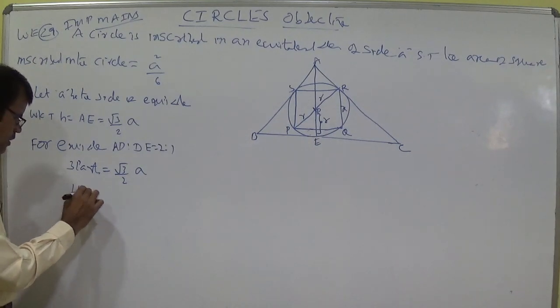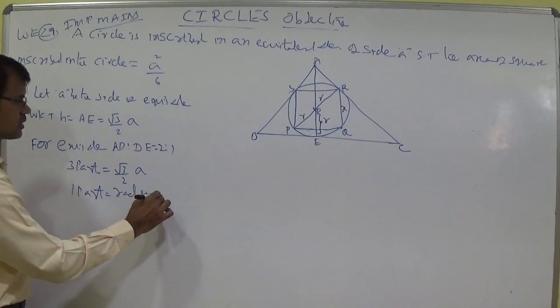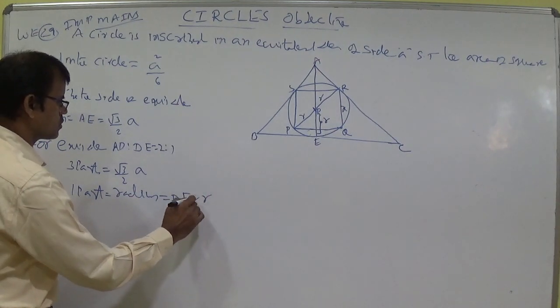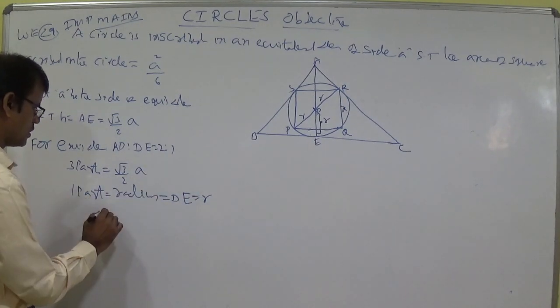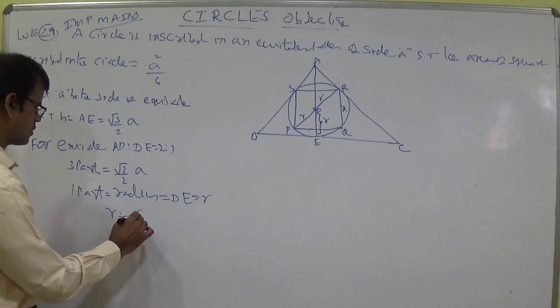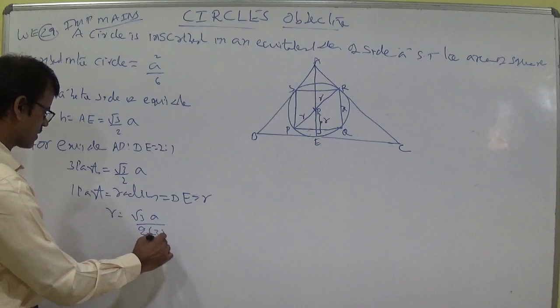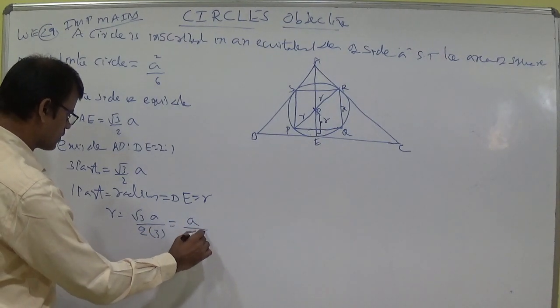So one part is equal to the radius. One part is equal to the radius, DE is equal to R. So one part you need is root 3 by 2. Here I am writing R is equal to root 3a by 2 into 3. So here you can write a by 2 root 3.